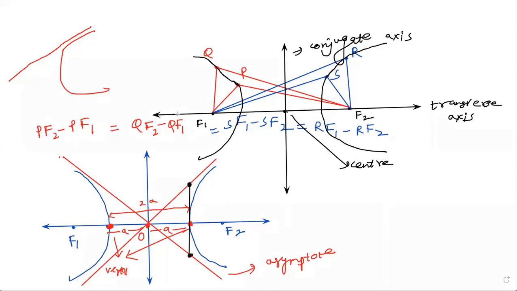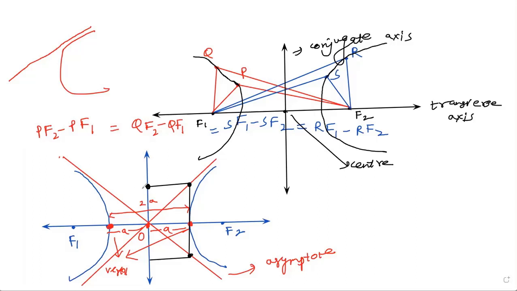And through this point of intersection, if I draw a line perpendicular to the conjugate axis, we'll get something like this, isn't it?